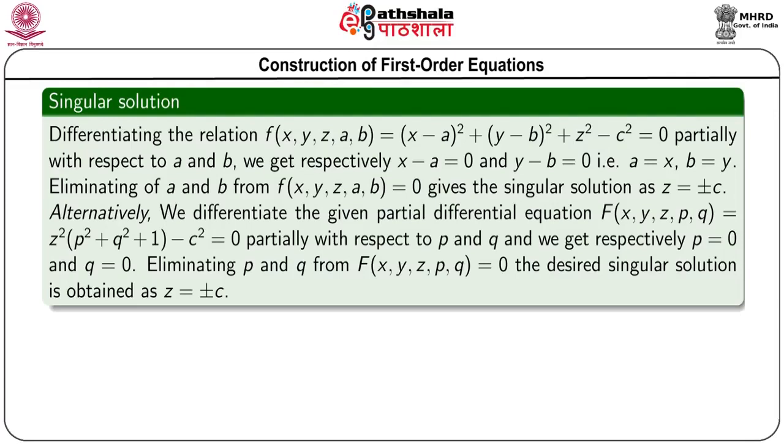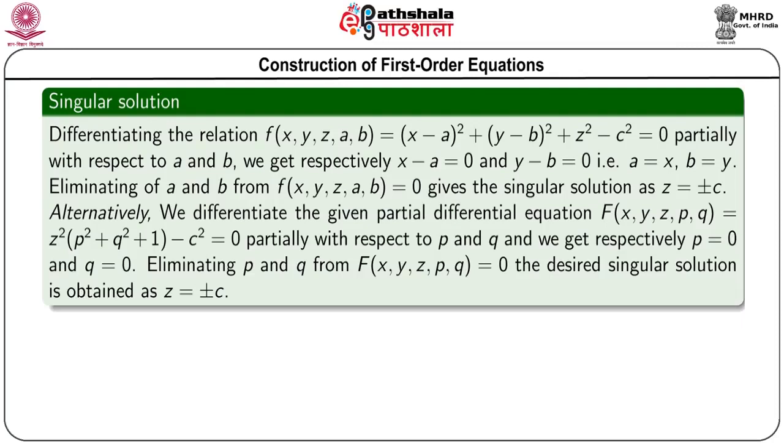From these two equations, if we eliminate a and b from the equation f(x, y, z, a, b) equals 0, we will get the solution z equals plus minus c. And this equation is the singular solution of the given equation.